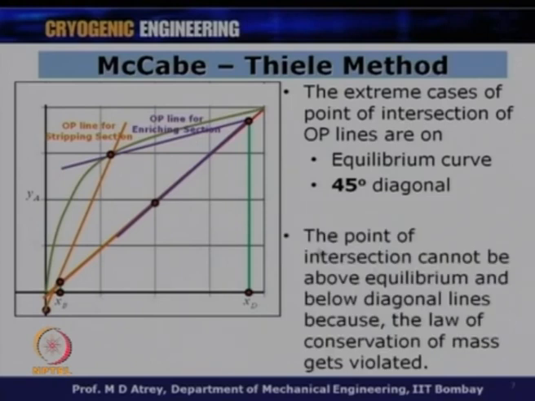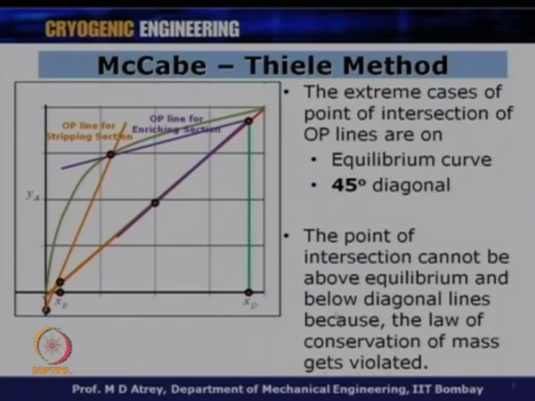Also understand that the point of intersection of these lines cannot be beyond the equilibrium curve or below the y equals x line. The point of intersection cannot be above equilibrium and below the diagonal, because if we understand the methodology in which we drew this operating line, if this happens to be true, then the law of conservation of mass gets violated.